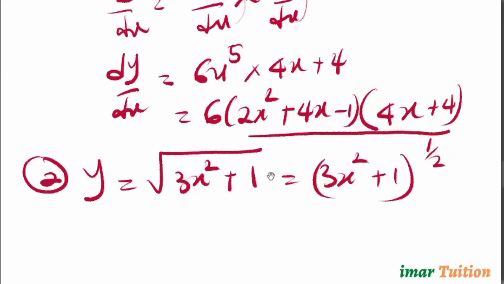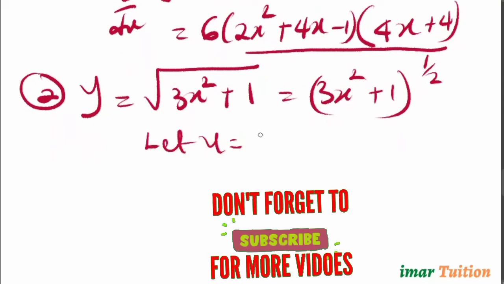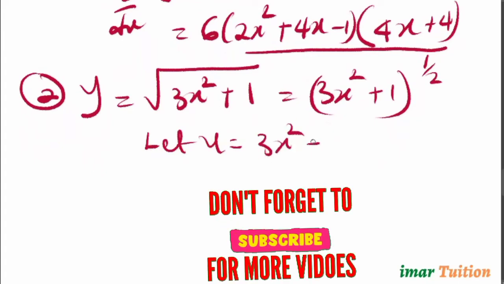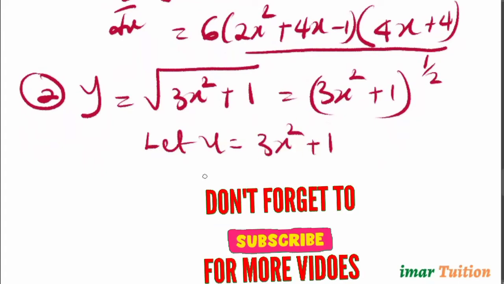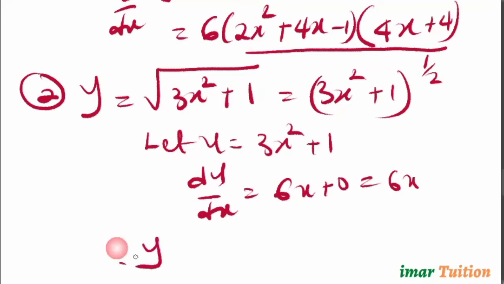Now, using the chain rule, we'll say let u be equal to 3x² + 1. Therefore, du/dx will be equal to 6x + 0, and that will give us 6x. Then again, y will now be equal to u raised to power half.